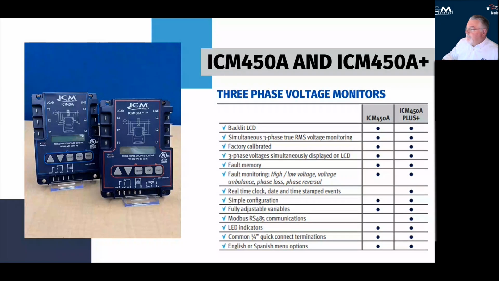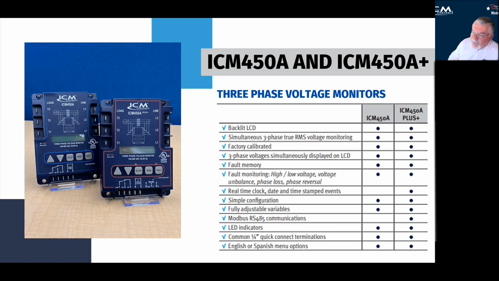And so here are some of the features. ICM450 and 450A plus. There are only a couple of feature differences with the plus, but it's necessary in some cases. They both have a nice backlit display, simultaneous three-phase true RMS voltage monitoring on both models, all factory calibrated.